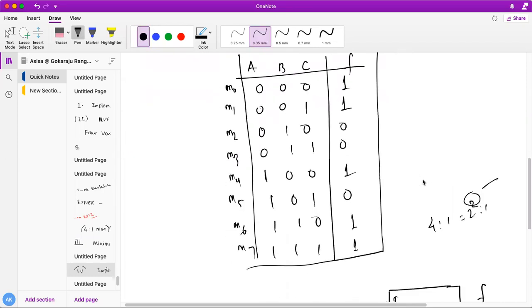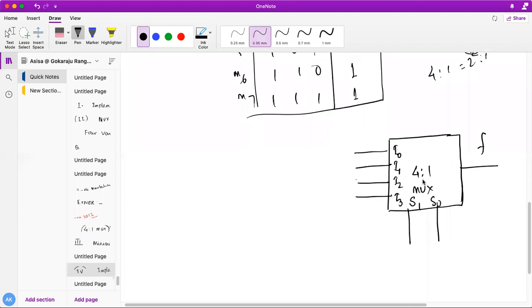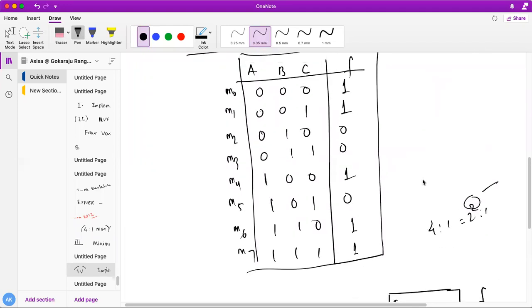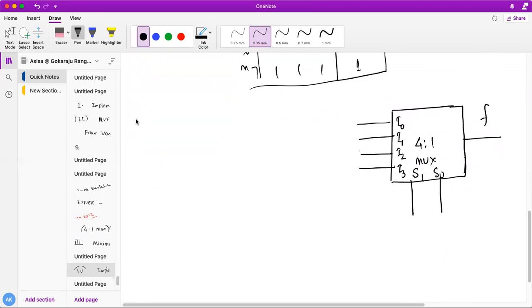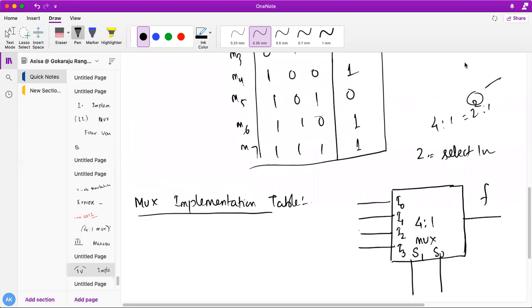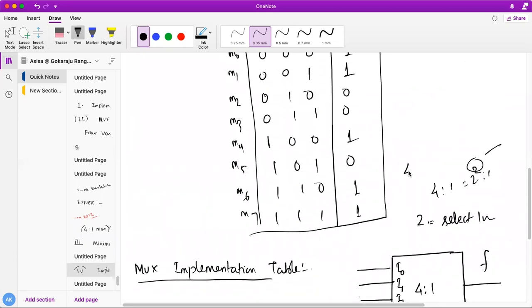Now see here, once you have the truth table, you have to find one important thing: the mux implementation table. Now I am going to tell you what it is. First, how many select lines are there in a 4 cross 1 mux? 2 select lines. And how many inputs do we have, students? 3 inputs.